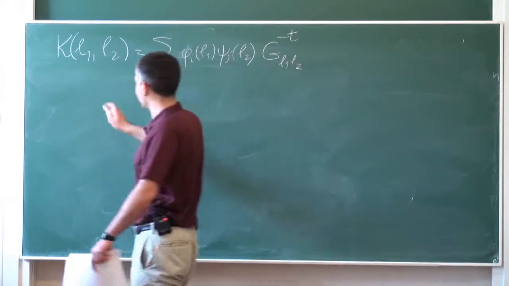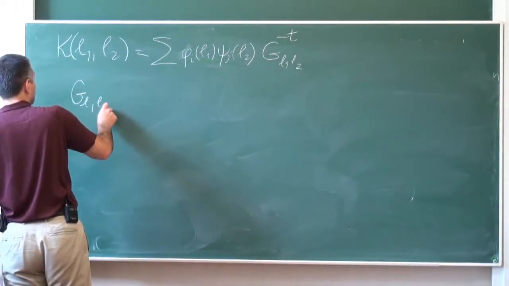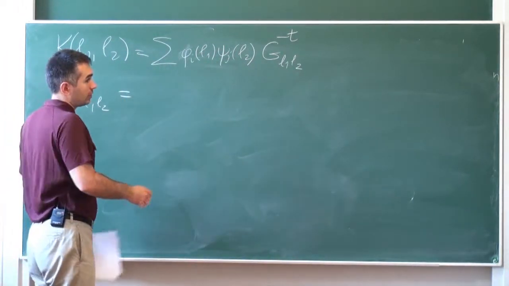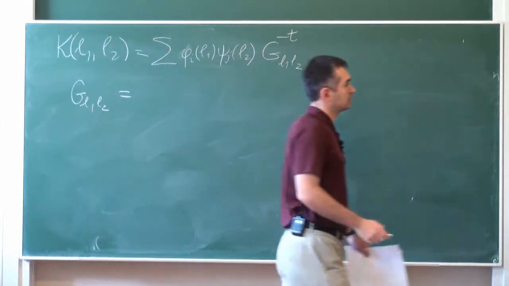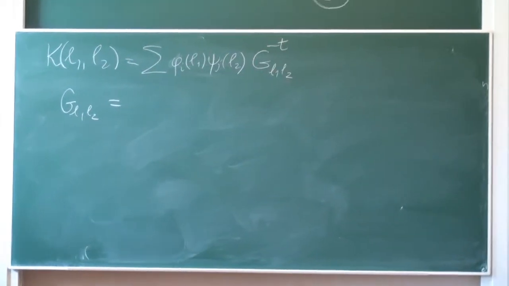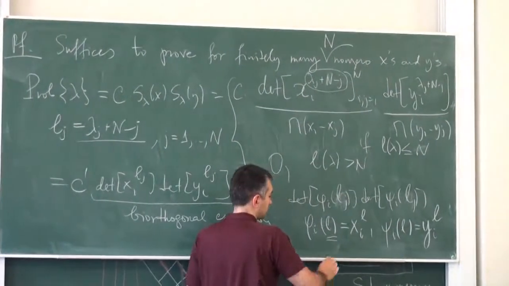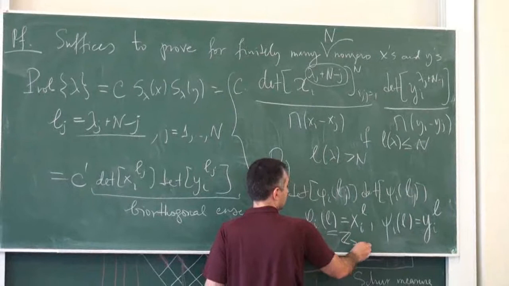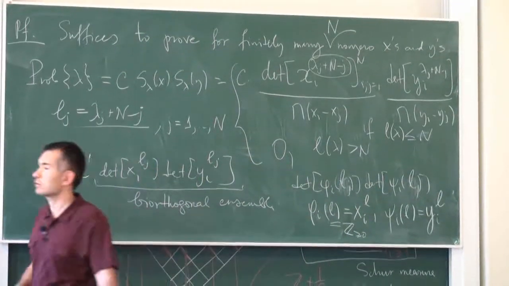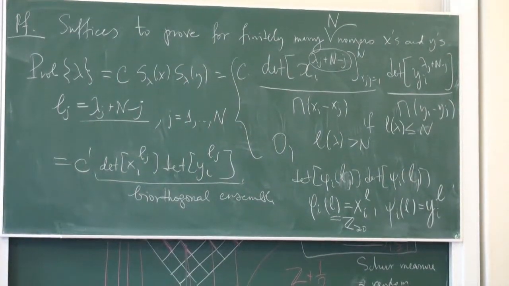And what's the Gram matrix? The Gram matrix is the pairing of these two functions. L lives on the non-negative integers, so I'm in L2 with the counting measure on non-negative integers.